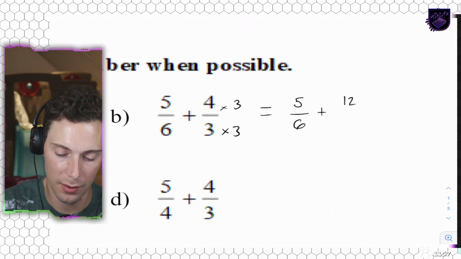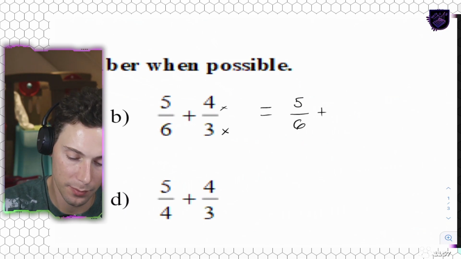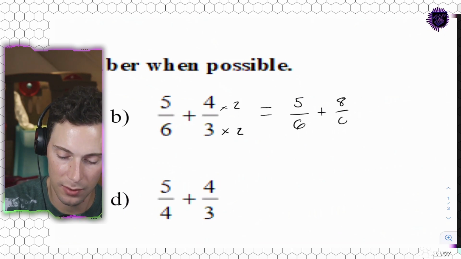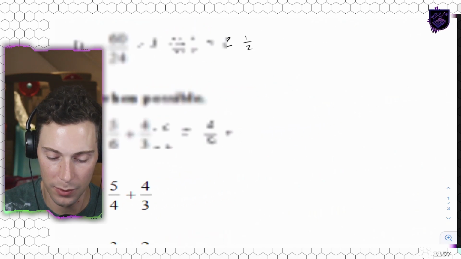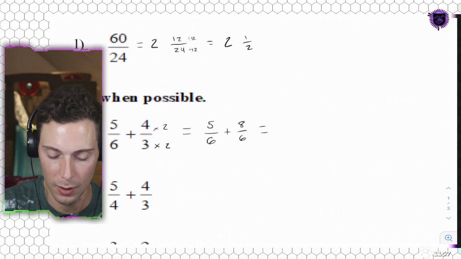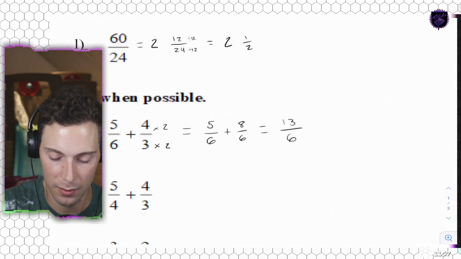I made a mistake here. Let's back up a little bit. We don't multiply by 3. We multiply by 2. There we go. 5/6 plus 8/6, which will be equal to 13/6.